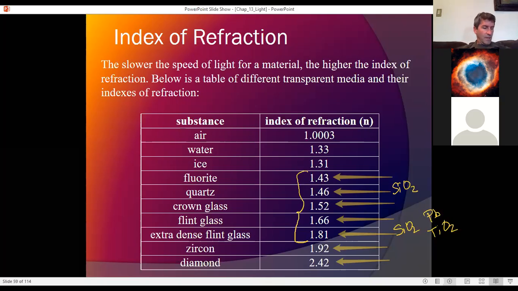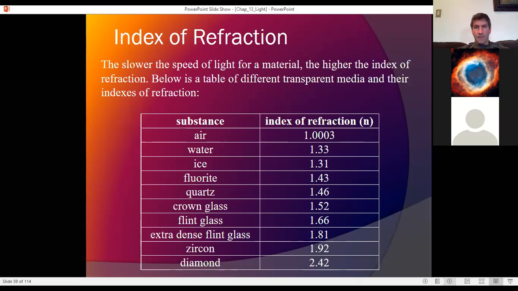The reason why diamonds are so prized is because they have a very high index of refraction. And this can lead to special effects that we call total internal reflection. A diamond looks very different than glass because it can bend the light in ways that glass cannot.